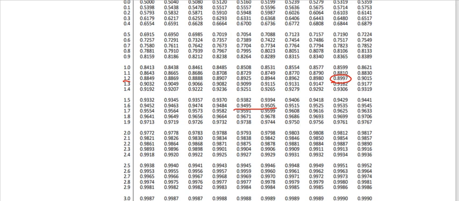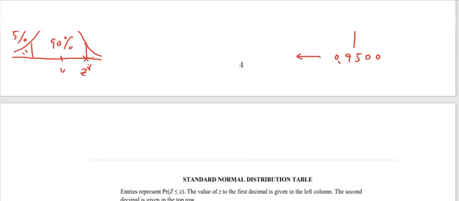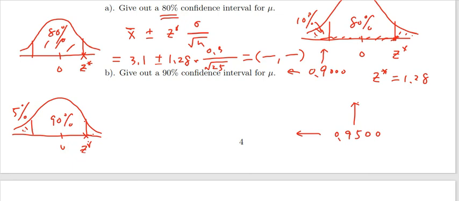We find the cutoff point is 1.64 or 1.65. So this Z star can be 1.64 or 1.65. If you put 1.64 it is okay, 1.65 is also okay, right?